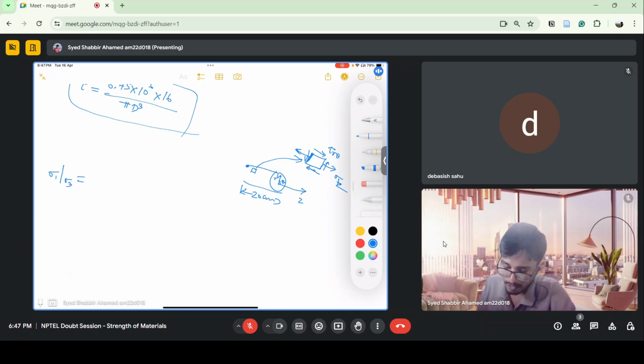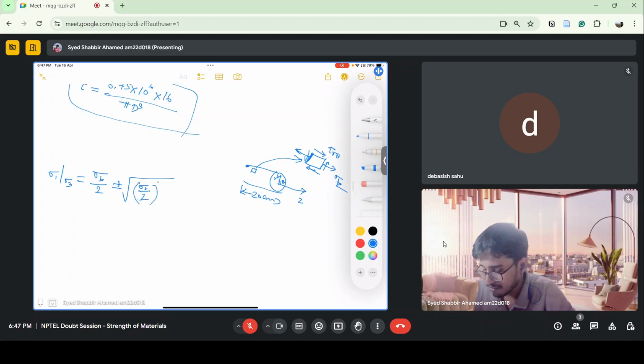But here you can see that I have only one normal stress on this element, that is sigma b. So that's why it is sigma b by 2 plus or minus root over sigma b by 2 whole square, that is sigma xx minus sigma yy by 2 whole square, plus tau xy whole square. So here instead of that we can say this tau square.